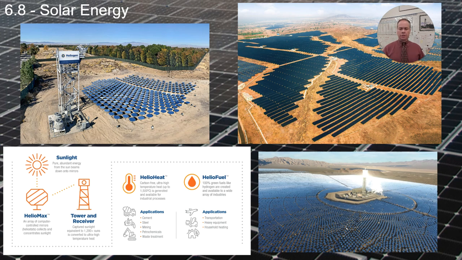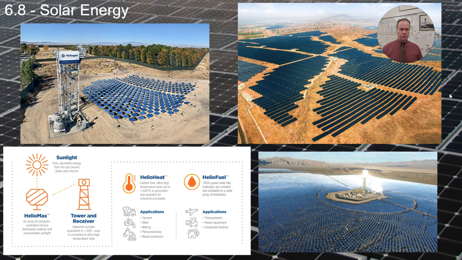It can be used to manufacture things like cement or steel, things which require very high temperatures. It can also be stored in various types of fuels, like hydrogen, that can then be used in other ways. There can be hydrogen-powered vehicles, or that hydrogen can power things like heavy equipment and so forth. So this is another model of producing energy through the use of solar energy.